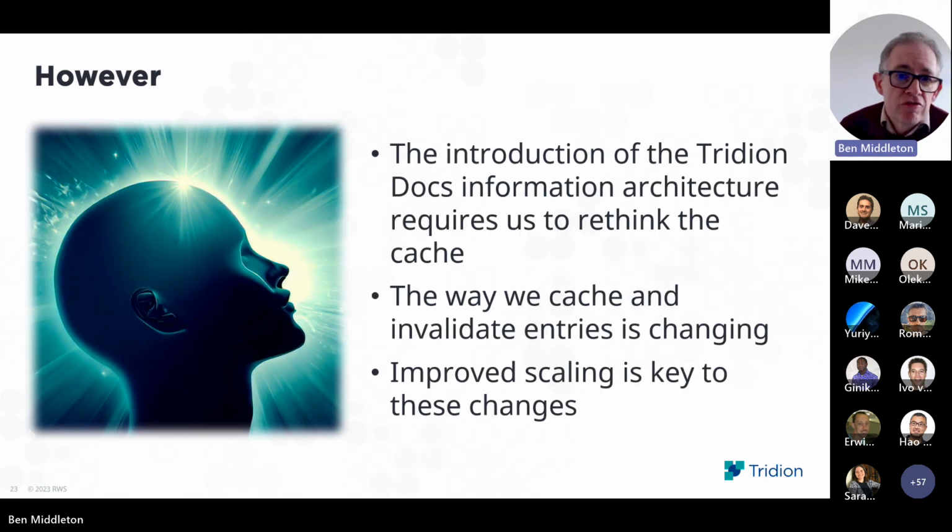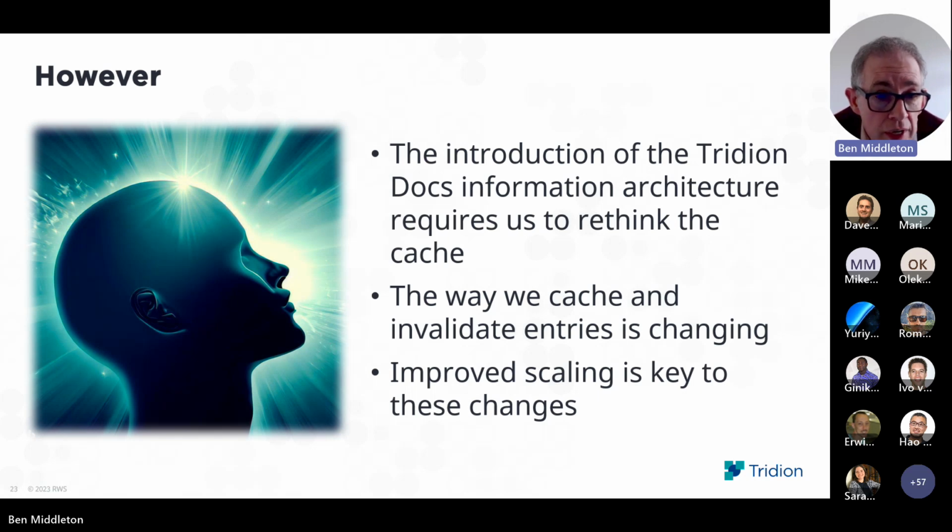And then obviously with the introduction of the Tridion Docs information architecture, where you might have quite large publications with large numbers of topics, it kind of drove the idea of rethinking perhaps how we manage the cache.